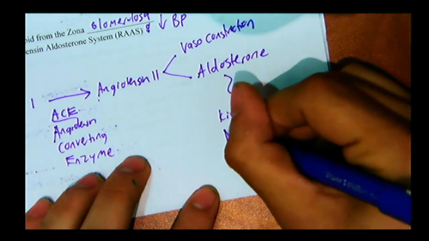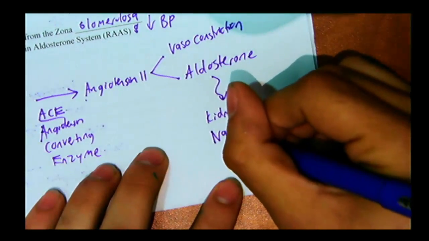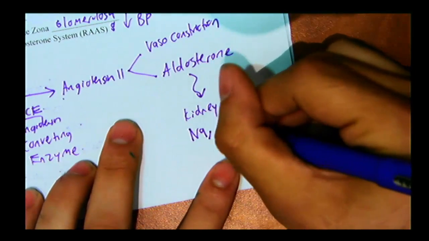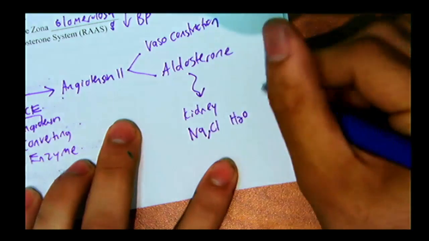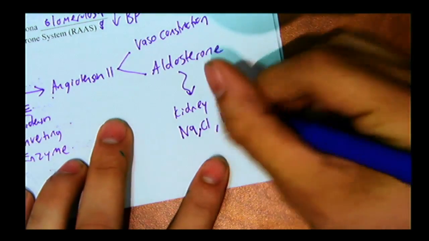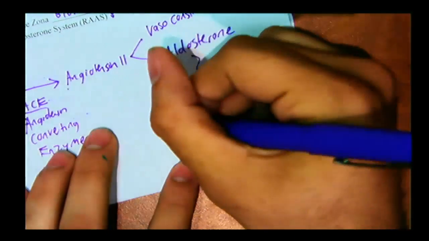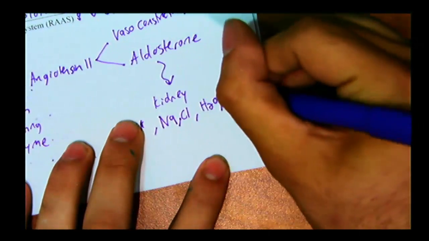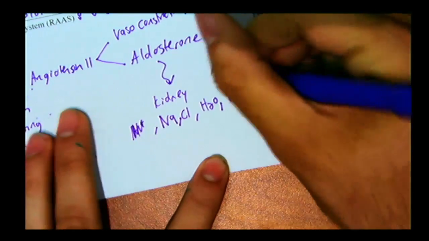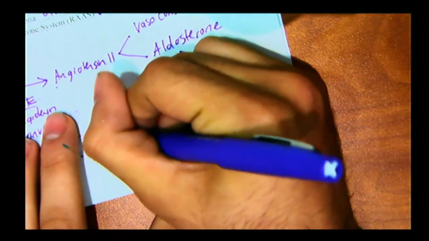Chloride. And hydrogen. No, not hydrogen, sorry. HCO3. So these things are reabsorbed. So what's excreted into the urine? Potassium and hydrogen ion.